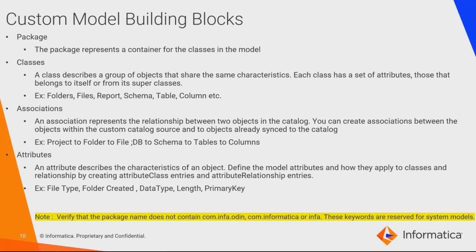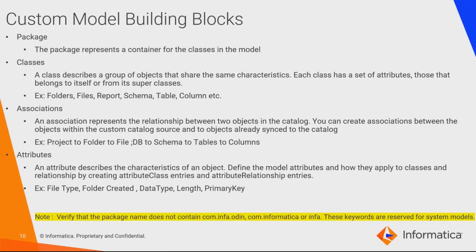And then associations. Associations are nothing but hierarchy. The association between two objects can be called a relationship or a hierarchy. So to build the relationship between the classes that we define in the model, we need the associations. The example for the association between the classes is like, you want to showcase the relationship between a folder and a report, and then the folder is placed into the project.